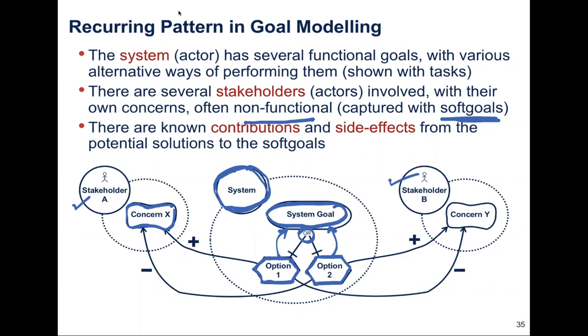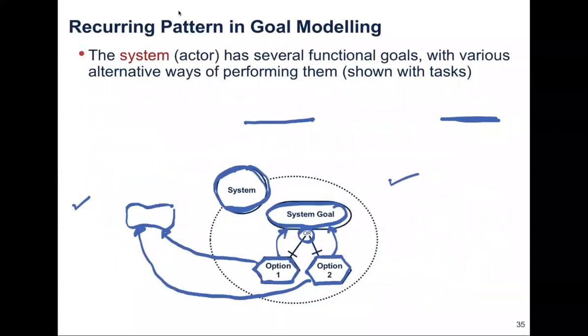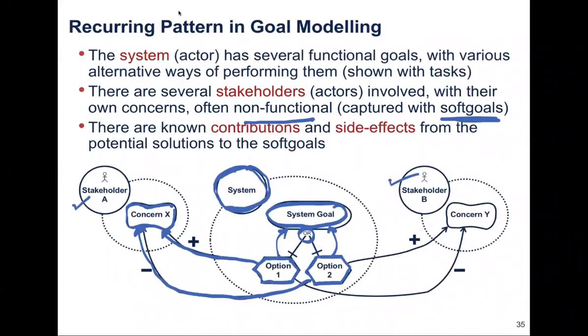So as you can see in this graph, option one would have positive impact on concern X, while option two has negative contribution to concern X. Option two has positive contribution to concern Y, while option one has negative contribution to concern Y.